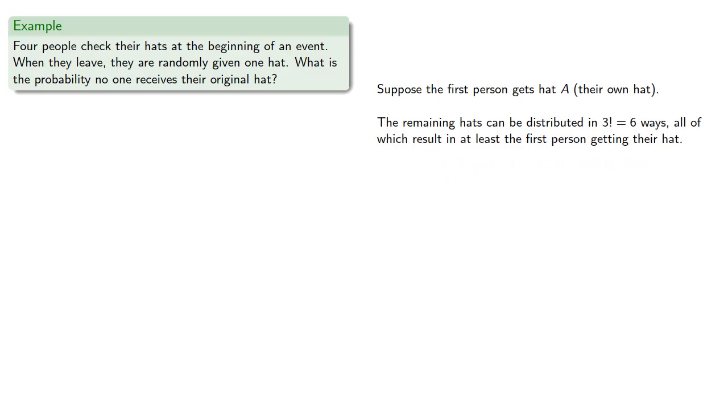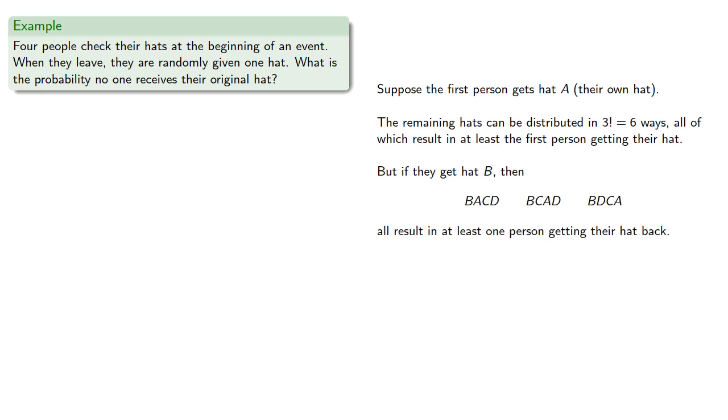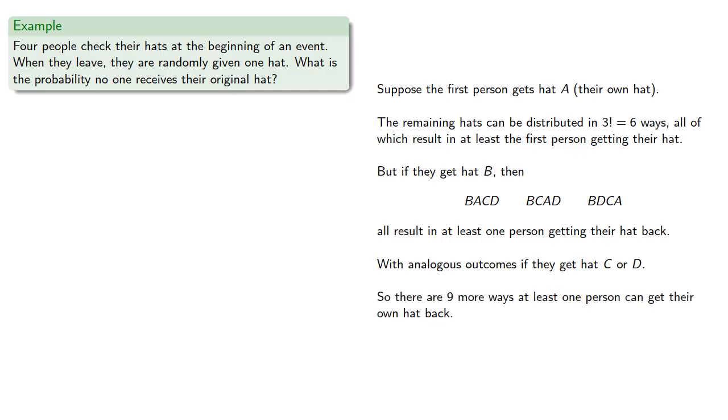But if the first person gets hat B, then there are 3 ways in which at least one person gets their hat back, with analogous outcomes if they get hat C or D. So there are 9 more ways that at least one person can get their own hat back.